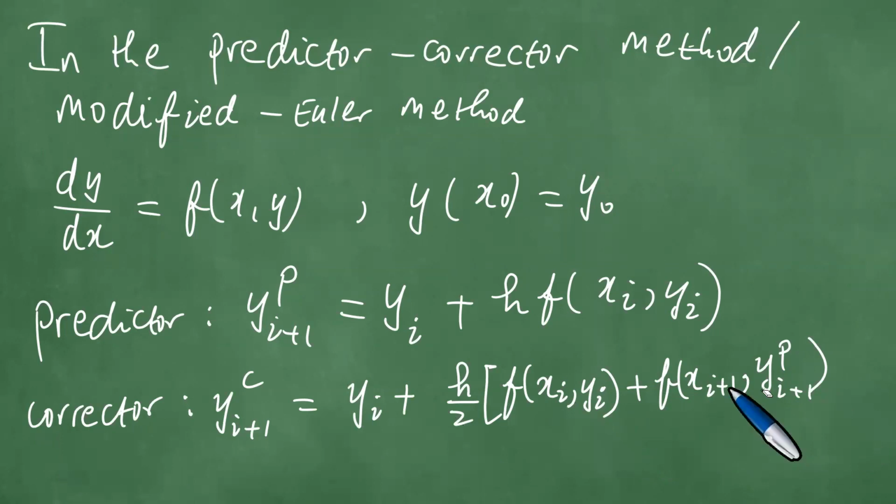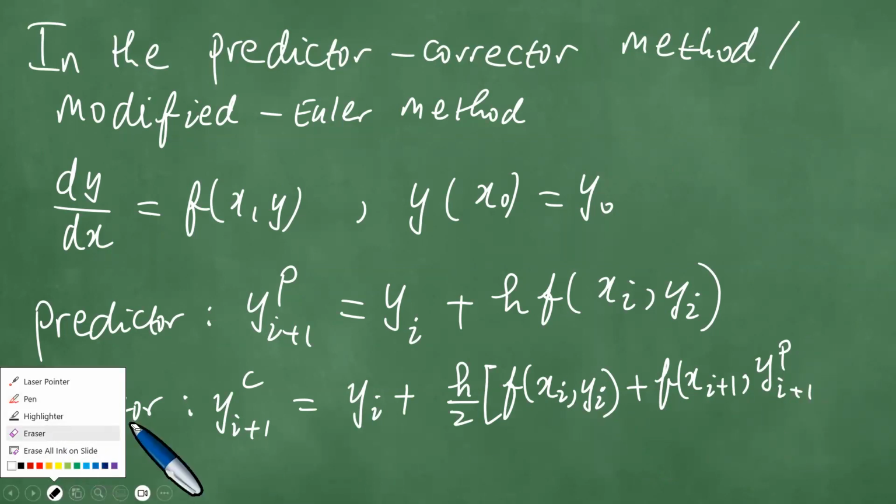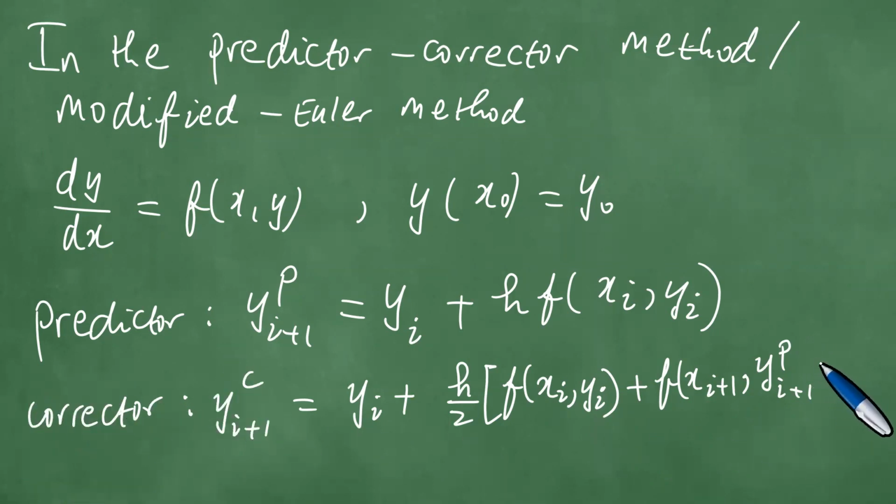Okay, so these two, we did this last time, but we were using the w's. I just decided today to use this, as it's a bit more convenient for what I want to do today. In the relation we looked at last time, we just took this formula and put it here. But today we decided to separate them and have the predictor aside and the corrector aside.